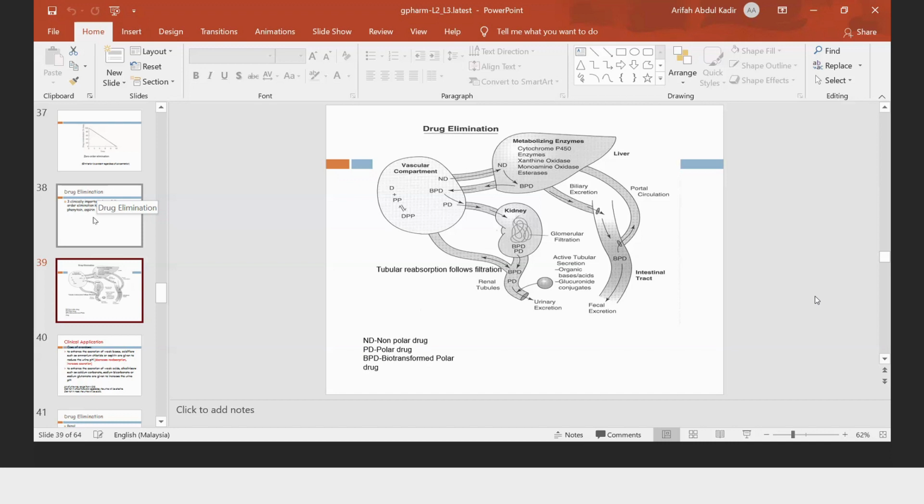Yes, paracetamol also follows zero order elimination. That's why they only restrict it to 8 tablets in a day. Because if you take more than 8 tablets, it will produce a toxic compound which cannot be eliminated by the body because of the zero order elimination.